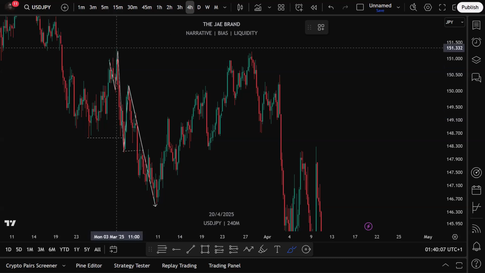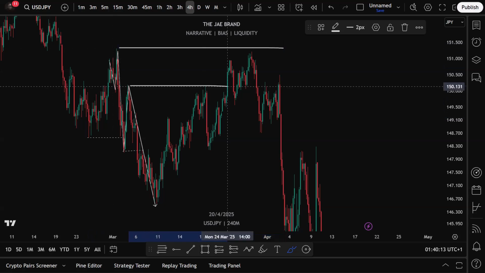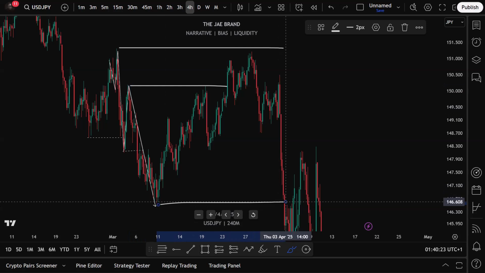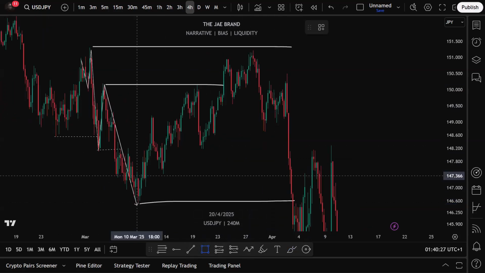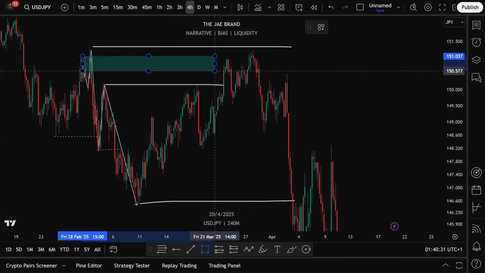Now this high is our protected high. This is the last high before the protected high, which is our structural liquidity. And of course this is our weak low, which is our target. Now what we have to do is look for an area of value here, and you can see this QMR, right?